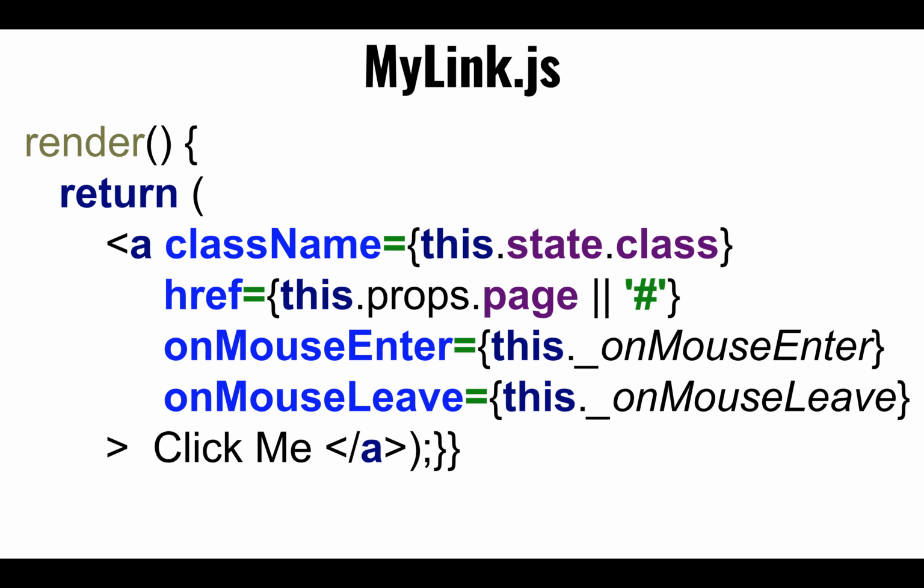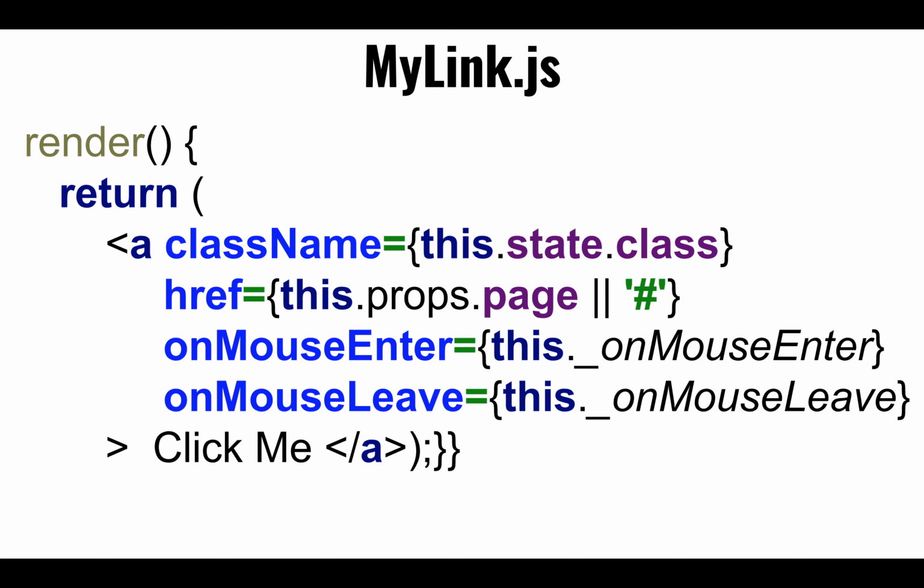And notice here that we're using that state to populate our class name, so the class name will either be hovered or normal, as we enter or exit the hyperlink. Also, the href will be pointing to something that we pass in from outside as a property, or an attribute, to our anchor.